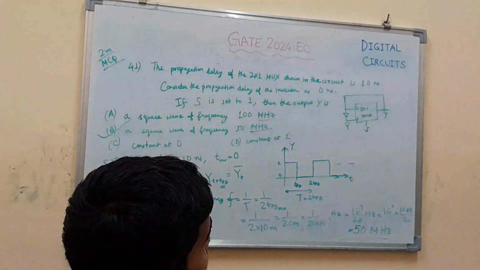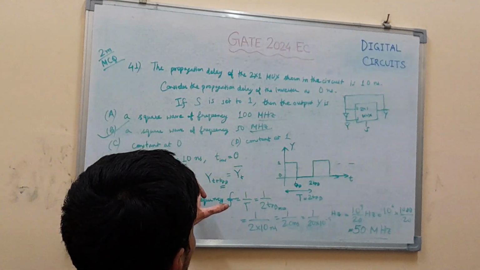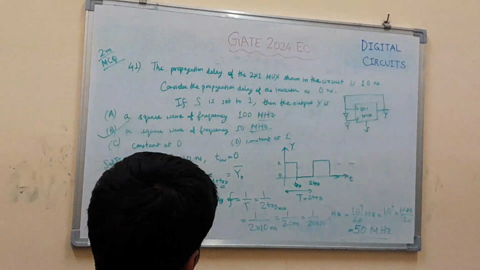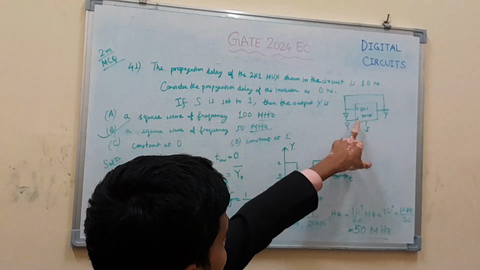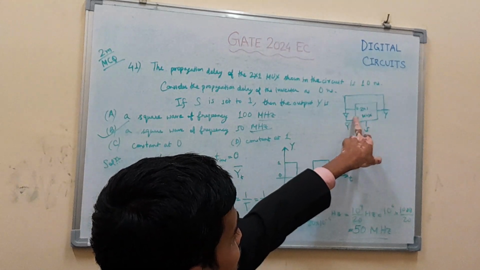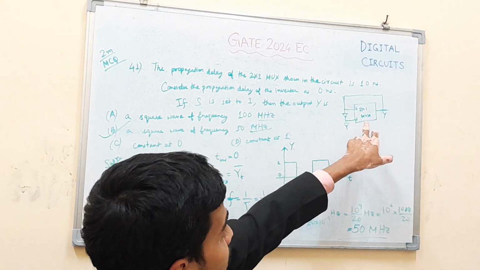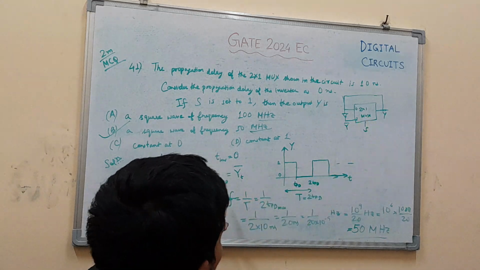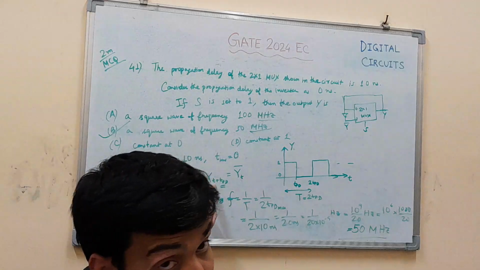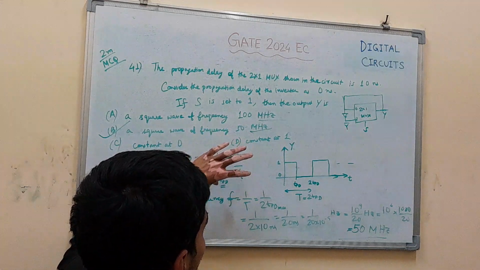We explained how the combinational circuit behaves with the mux propagation delay of 10 nanoseconds and inverter delay of 0. If S is set to 1, then this line is selected and the input here is the inverted value of output Y. So Y bar at T will be reflected as Y at the output after propagation delay TPD.